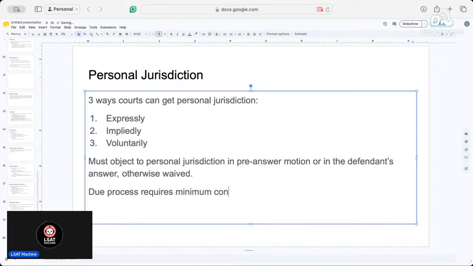I remember this, the shoes case. It requires minimum contact with the state, and jurisdiction would be fair and reasonable.